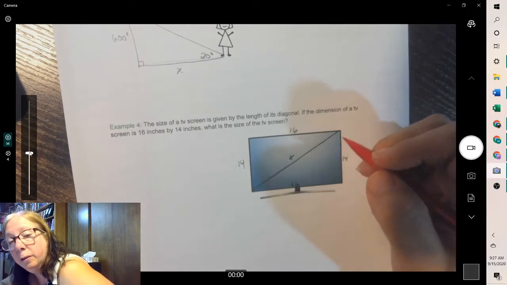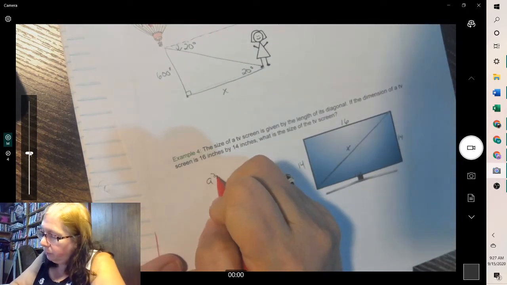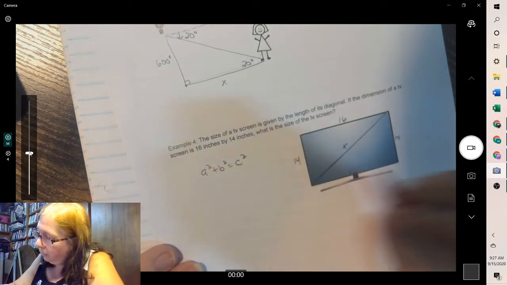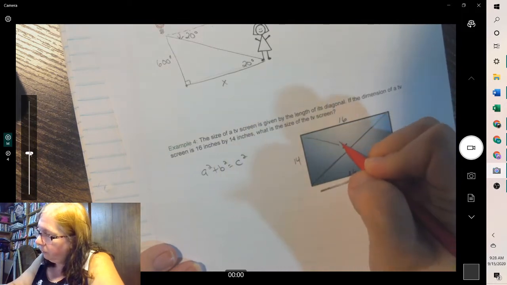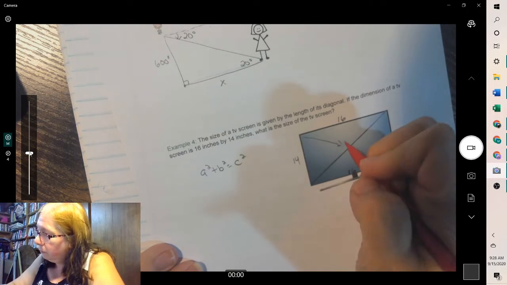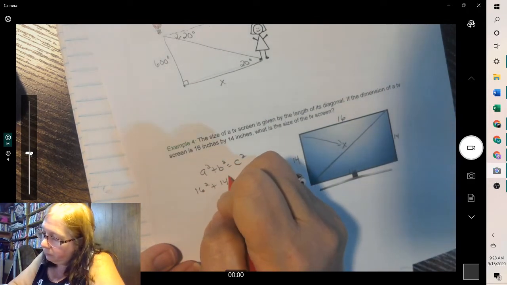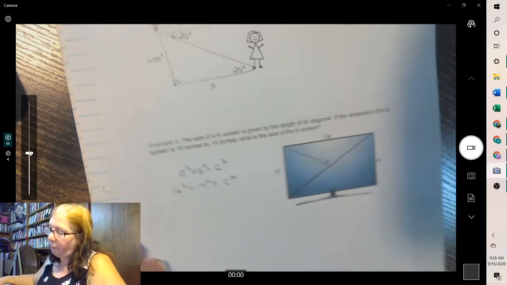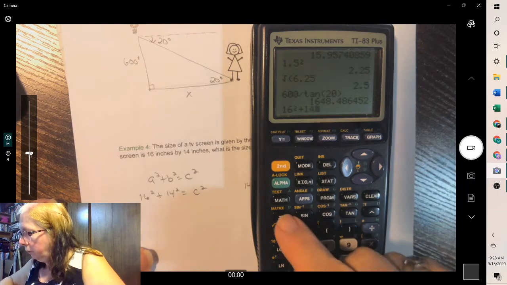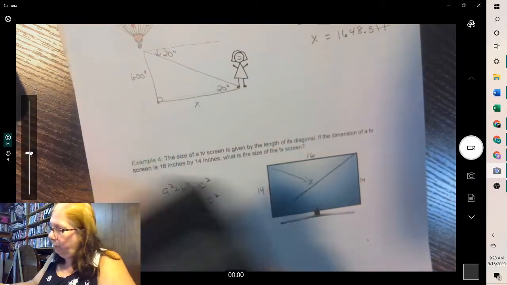Again, Pythagorean theorem, because we have two sides and we're looking for the third. A squared plus b squared equals c squared. In this case, we're looking for the hypotenuse because it's across from the right angle. 16 squared plus 14 squared equals c squared. 16 squared plus 14 squared is 452.